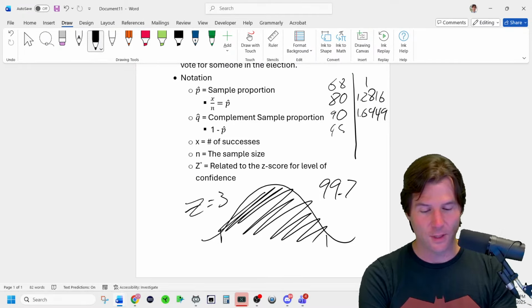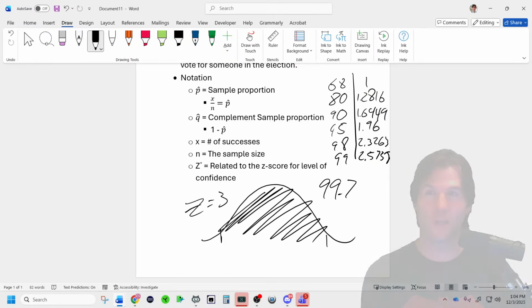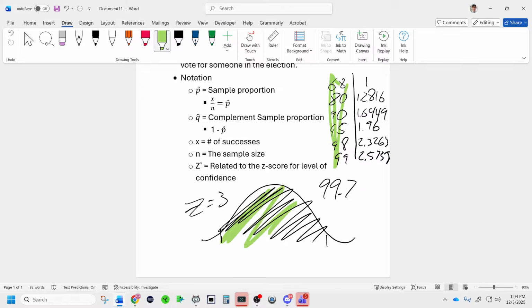And 95 is 1.96, a classic number in statistics. 98 is 2.3263, and 99 is 2.5758. The key to notice right here is that as you get more confident, you cover more of the middle of the curve, and the z-score goes out further on the curve.